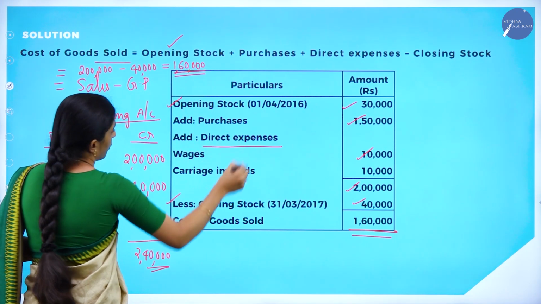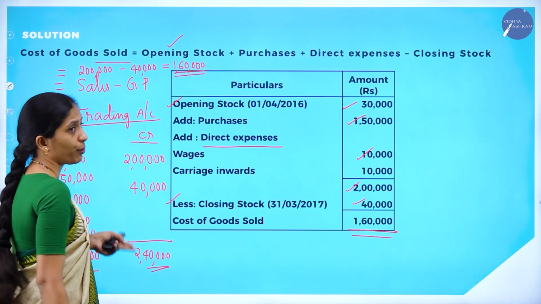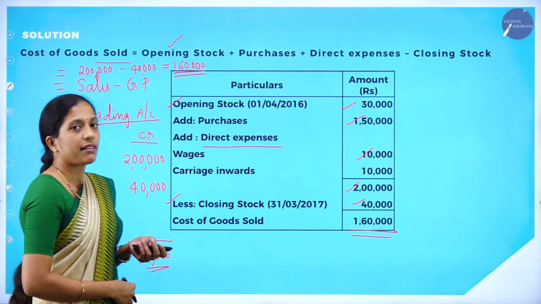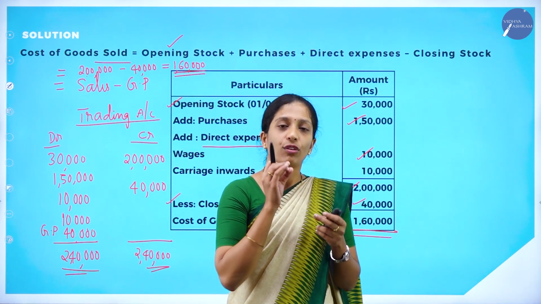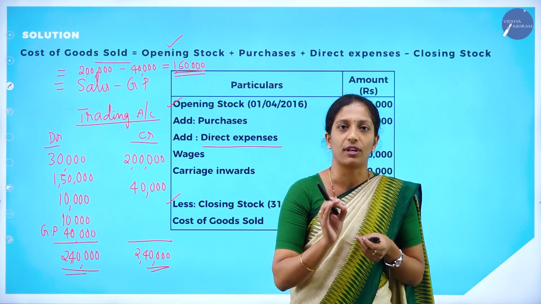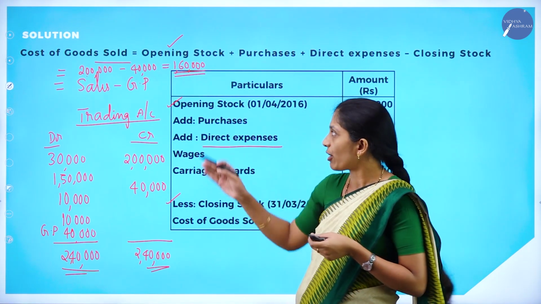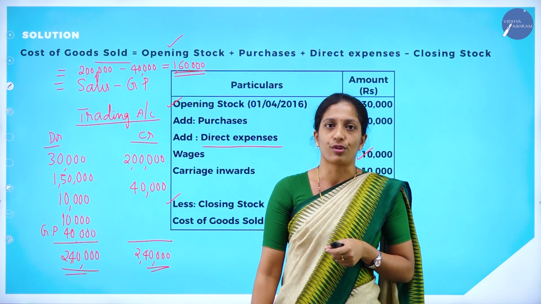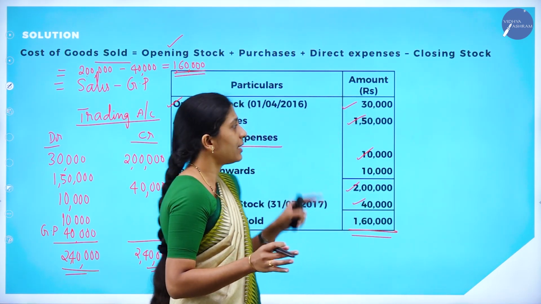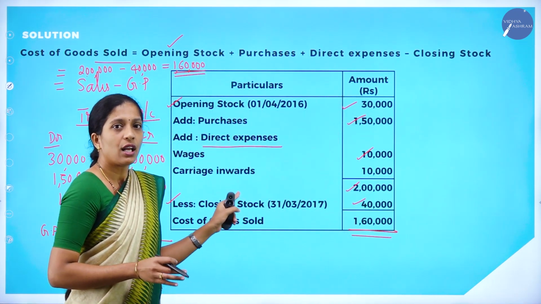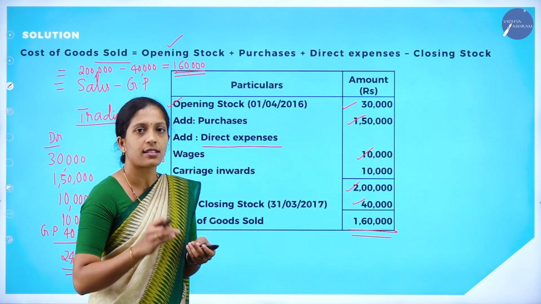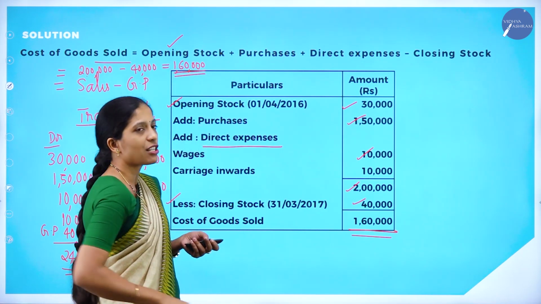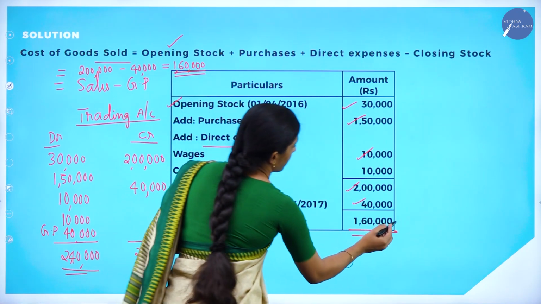So you get the same answer if you apply this formula also, but this is quite a lengthy method where you have to prepare your trading account first, so that you find out the gross profit. So sales minus gross profit will be your cost of goods sold. Other than this method, the better method is cost of goods sold equals opening stock plus purchases plus direct expenses minus closing stock. You'll get the same answer.